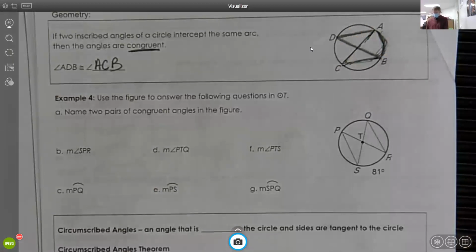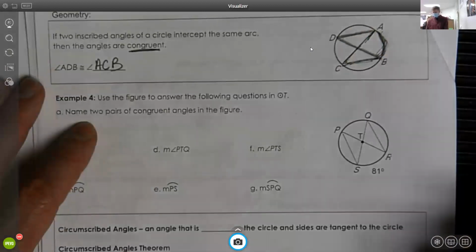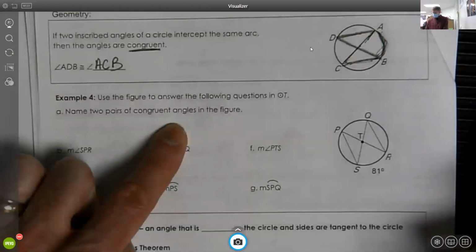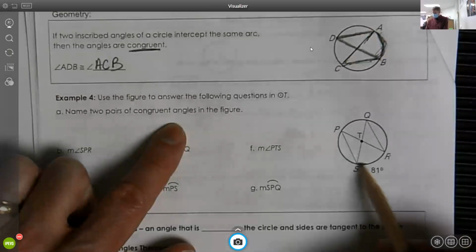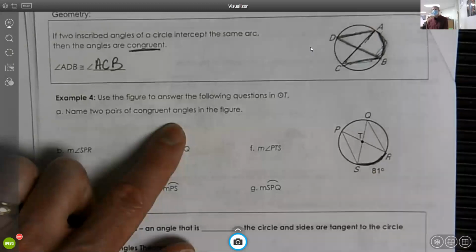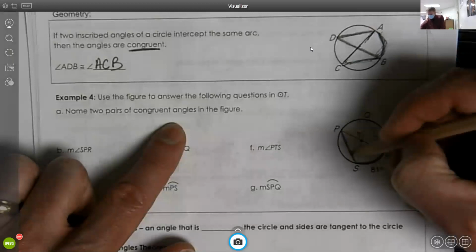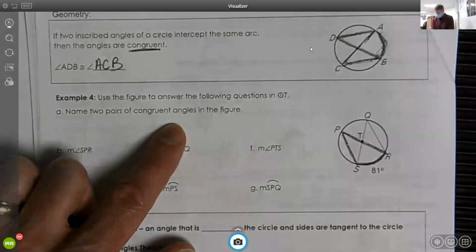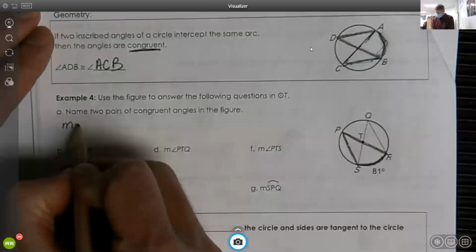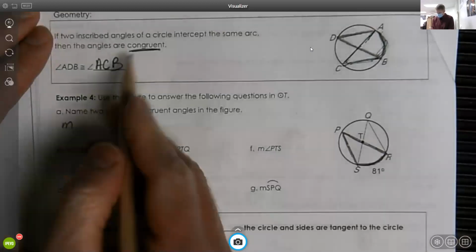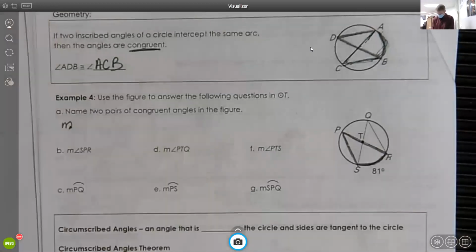So we're going to take a look at our figure here. We're going to name two pairs of congruent angles. So we know that SR is your arc. We have an angle that is opening up to it. So that would be half the amount. So I'm going to say that the measure, okay, they call it congruent. So we don't use measurement for congruent.